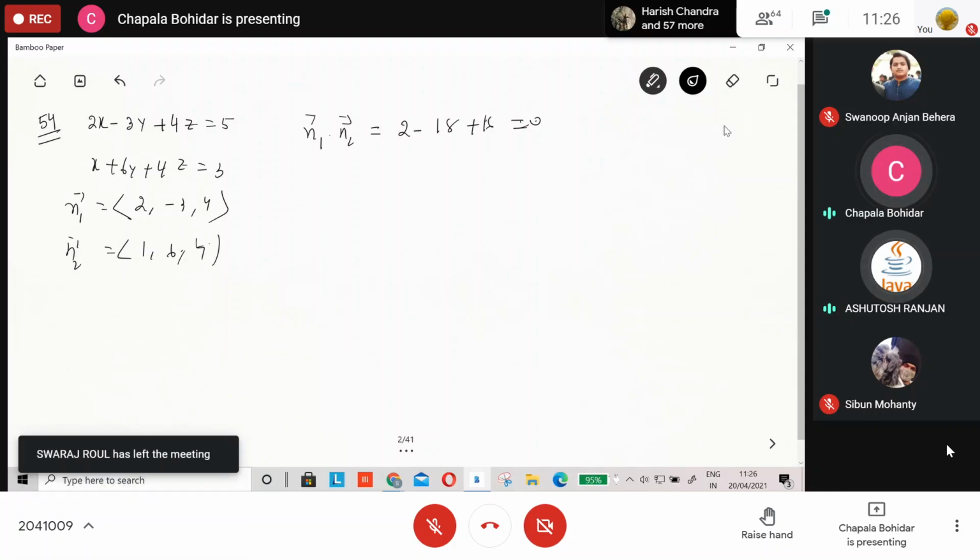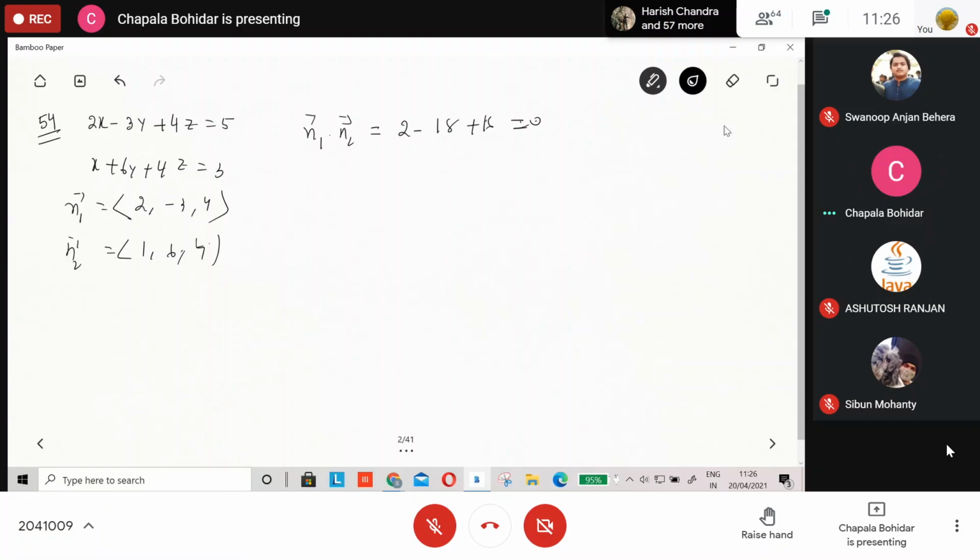So they are perpendicular to each other. All of you clear? Short questions you will get.